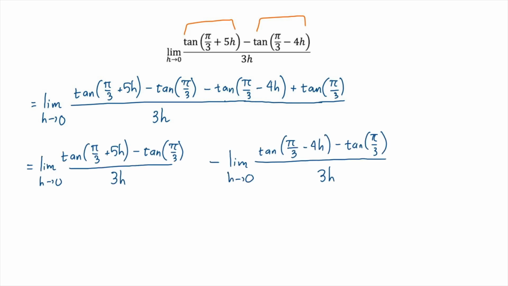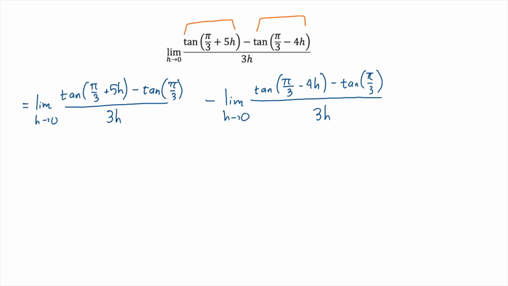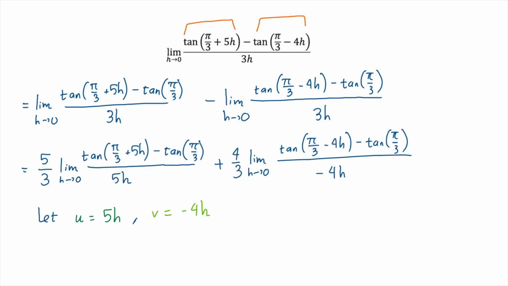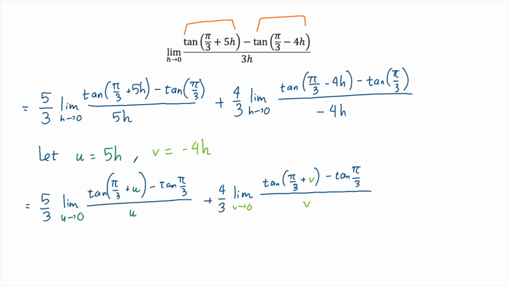So we can basically split this into two different limits, where each one is quite similar to the form that we want. For the denominator of one, we want 5h instead of 3h, and for the other one, we want −4h instead of 3h. We can let u equal 5h and v equal −4h, and then plugging them into the limits, what we can see is that each of the limits is in the exact form of the derivative of tan x.